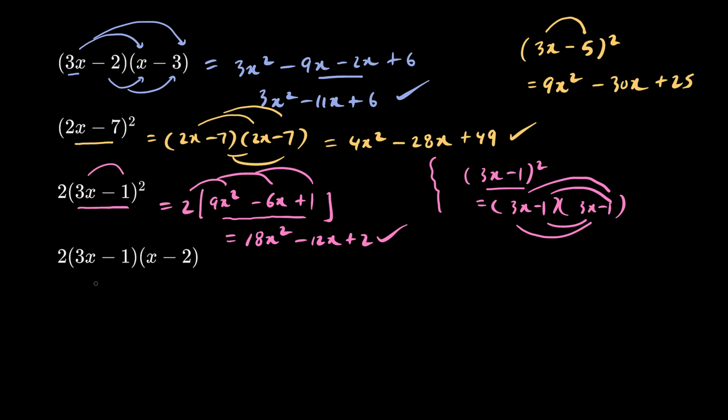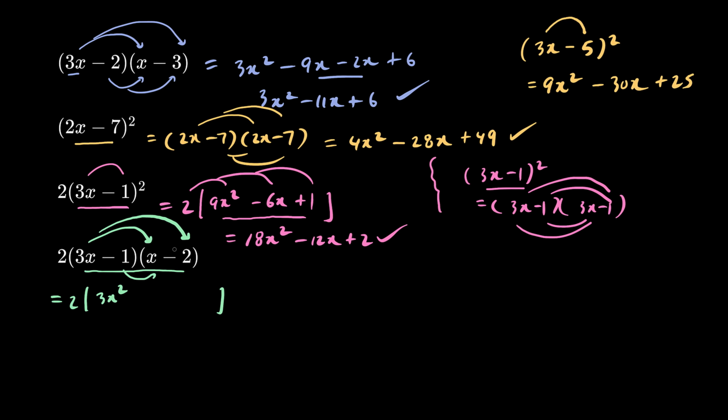As for this last question here, let's leave the 2 alone, and let's focus on this part here. Let's try using mental math. 3x times x is 3x squared. As for outside, FOIL, first, outside, inside, last, we have 3x times negative 2 is negative 6x, and inside we subtract another x.